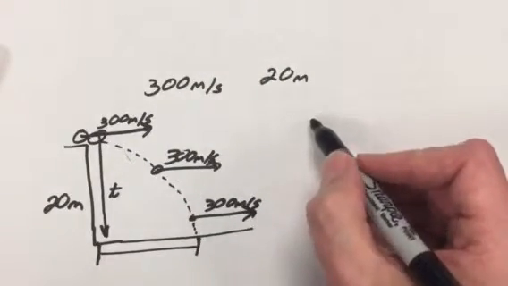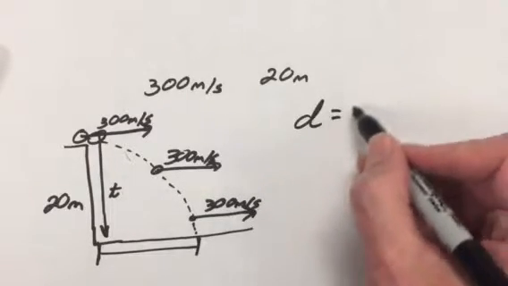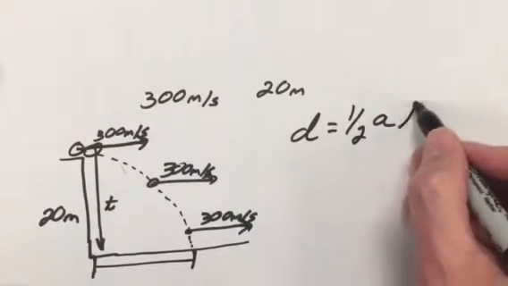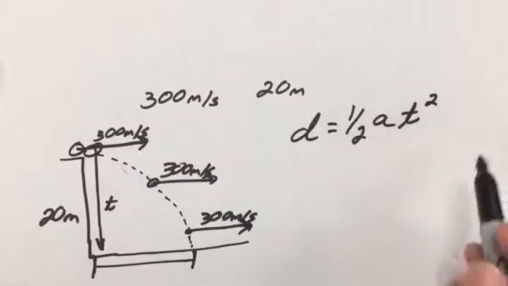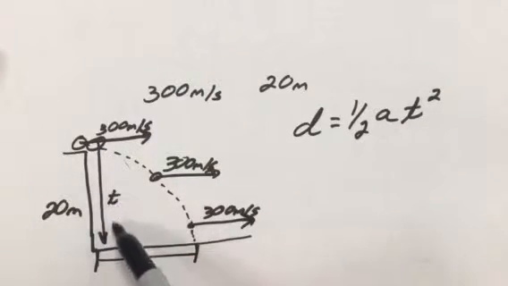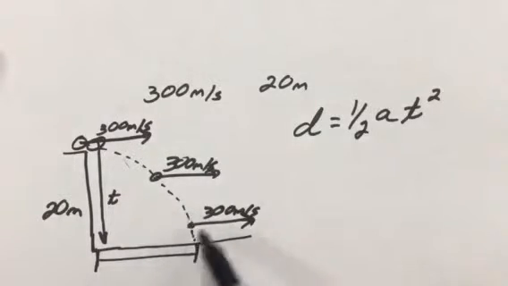We just have to rearrange a formula. That formula that I mentioned previously is distance equals 1/2 times the acceleration due to gravity times the time squared. Now what we're trying to find initially is how long it took to fall and hit the ground. You say, but it was traveling downrange. Won't that affect it?